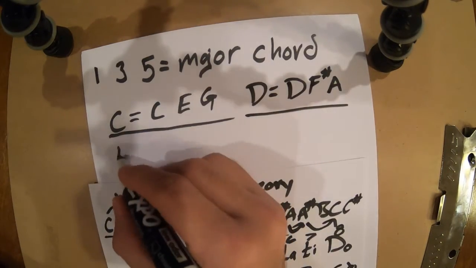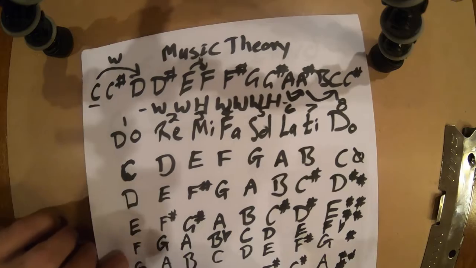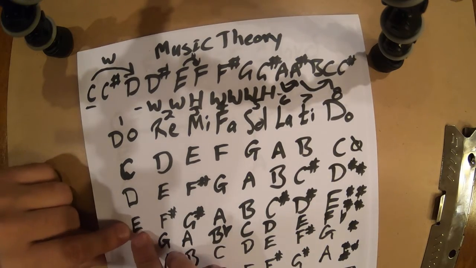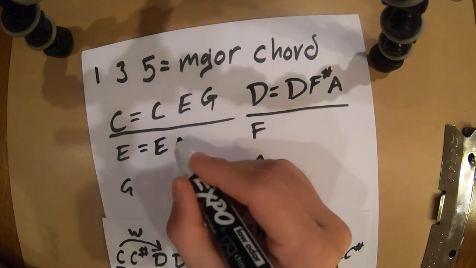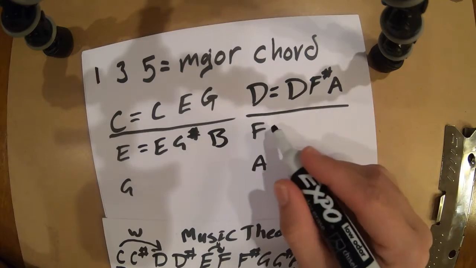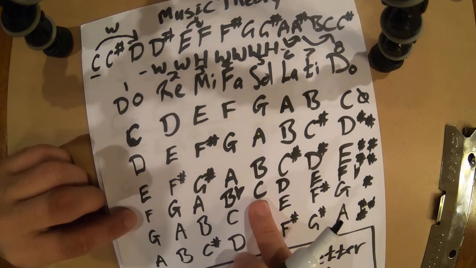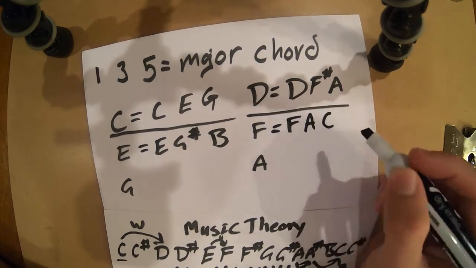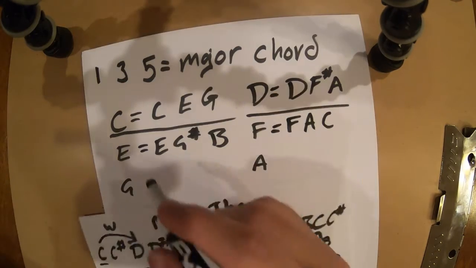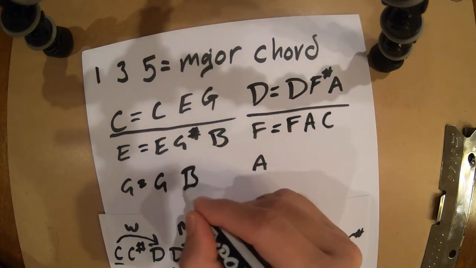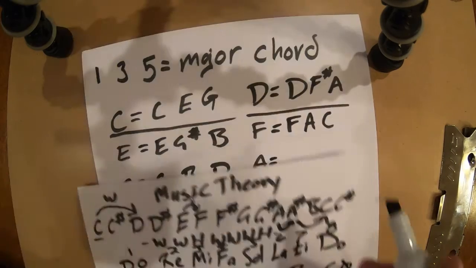E, F, G, and A. So E scale, E major scale, E, G sharp, and B. F is F, let's see, F, A, and C. G, go to the G scale for G, G, B, and D. For the A chord, go to the A scale, A, C sharp, and E.